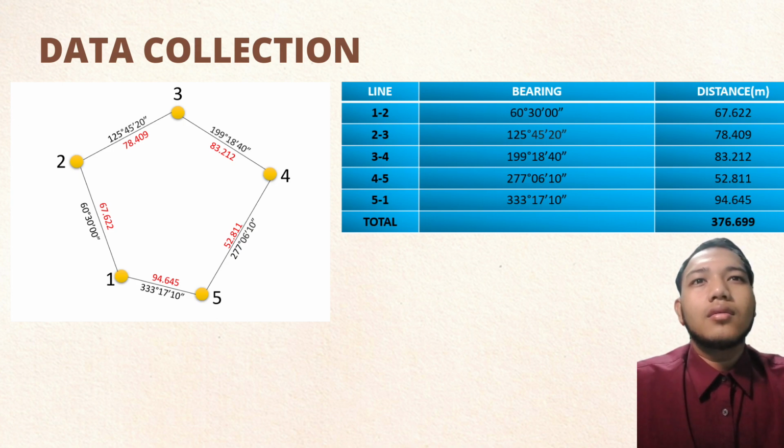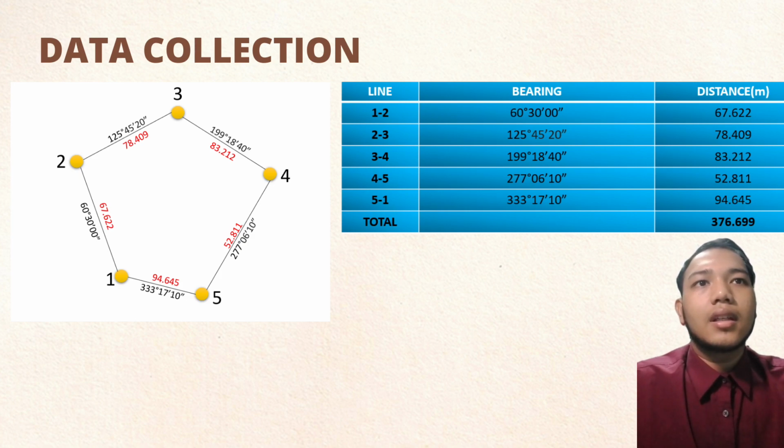And then line 2 to line 3, the bearing is 125 degrees, 45 minutes and 20 seconds. The distance is 78.409. And then line 3 to 4, the bearing is 199 degrees, 18 minutes and 40 seconds.